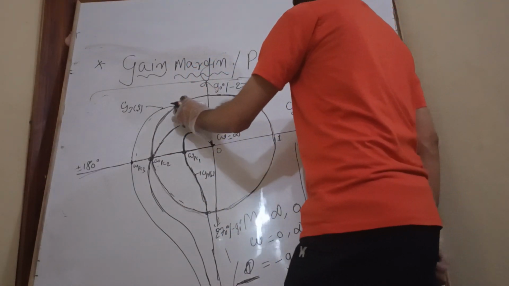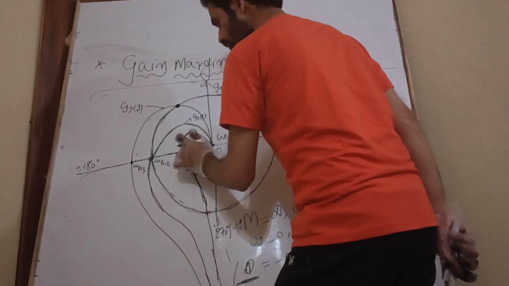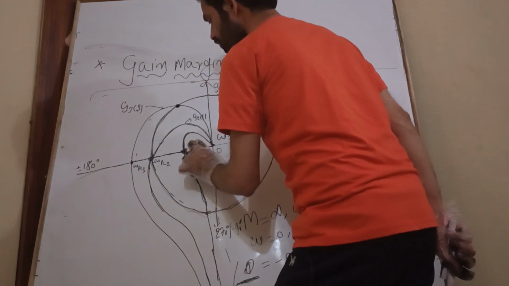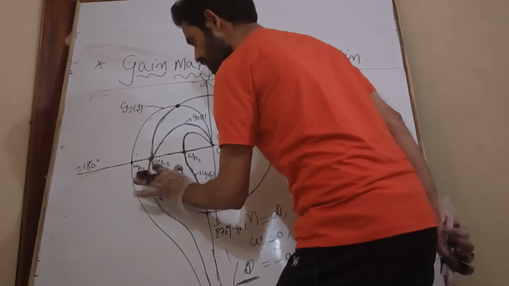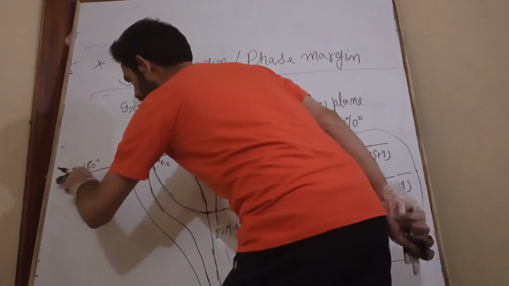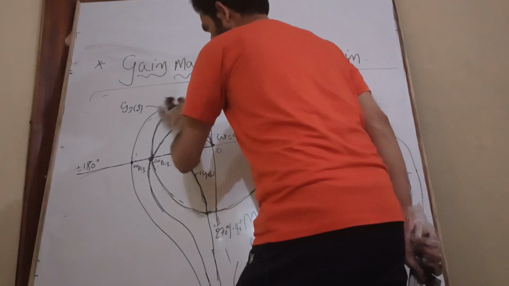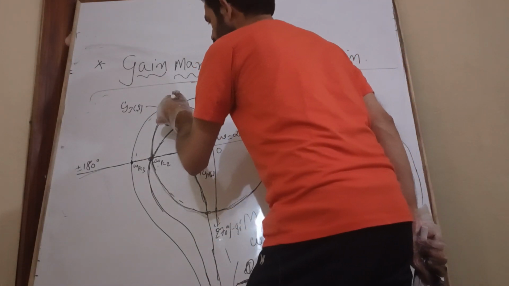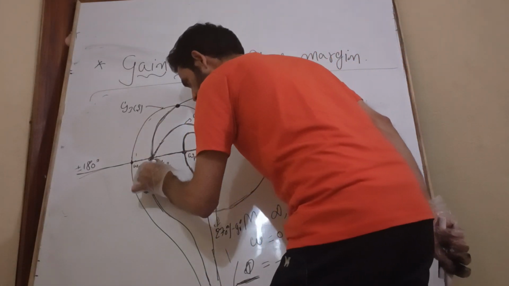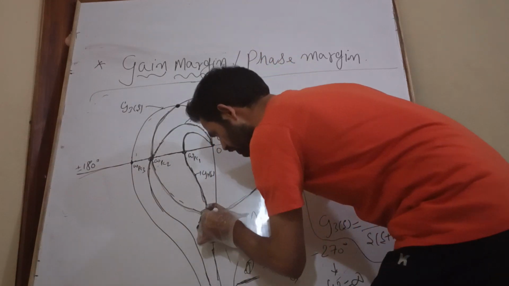omega gc, the gain crossover frequency. As we know very well, phase crossover frequency is the frequency at which the angle is minus 180 degrees, and gain crossover frequency is the frequency at which gain is unity.